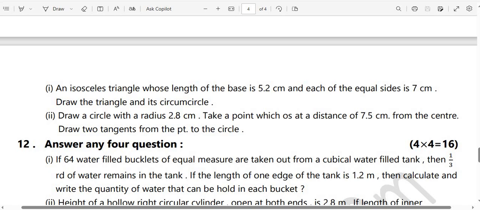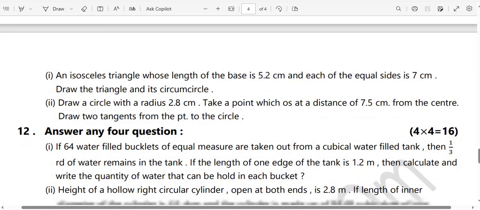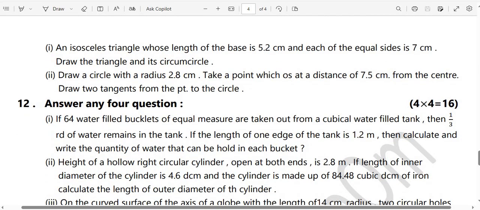Answer any 4 questions. 4 into 4 is equal to 16. Each question carries marks 4. Question number 1. If 64 water-filled buckets of equal measure are taken out from a cubical water-filled tank, then 1/3 of the water remains in the tank.